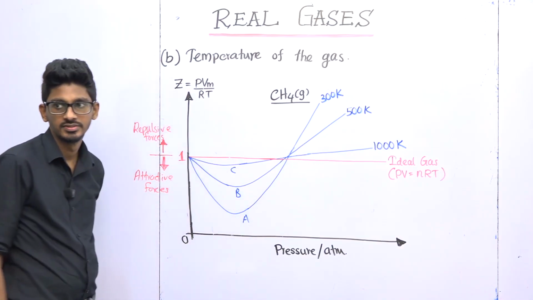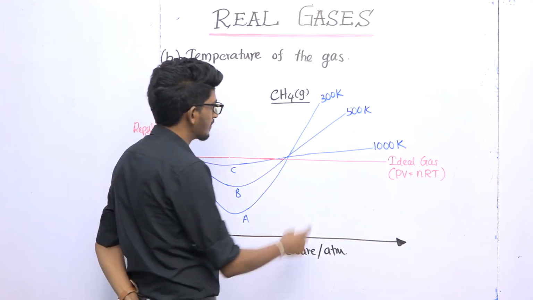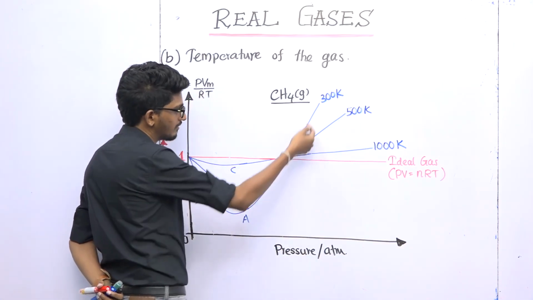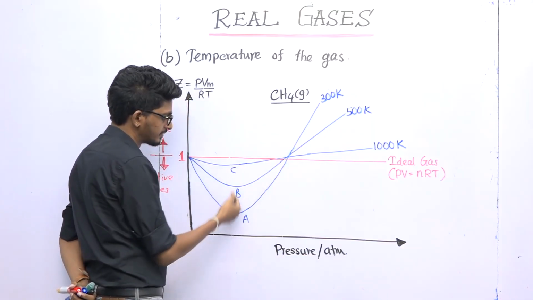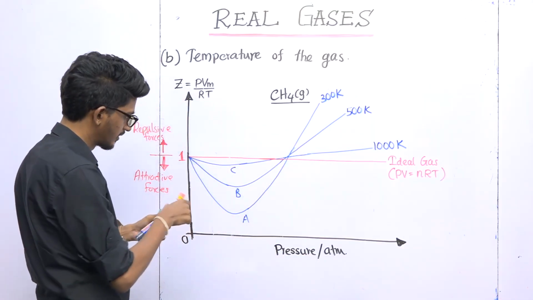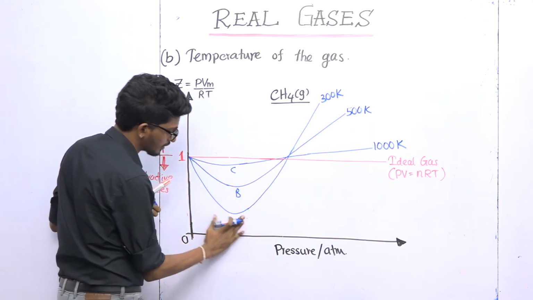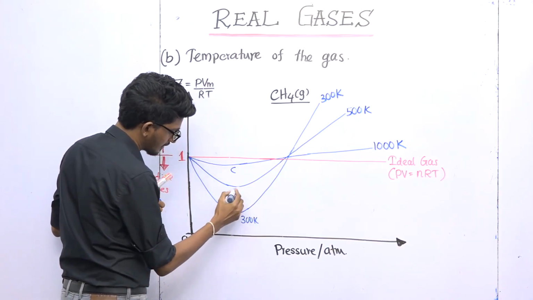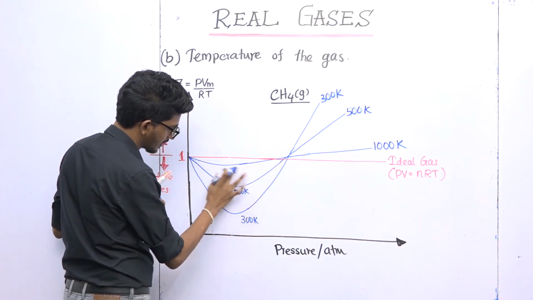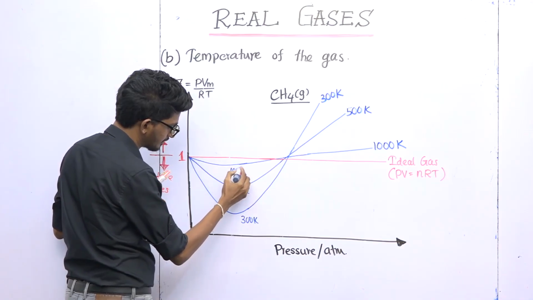That is the idea. When the temperature is smaller, your curve deviates more from the ideal line. Is the idea clear now? So this is your 300 Kelvin situation, deviating more from the ideal line. This is 500. This is the 1000 Kelvin.